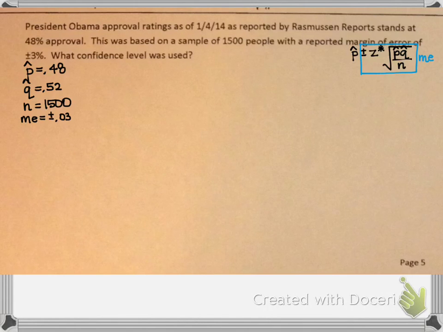All right, so if the margin of error is actually equal to that mess, let's write that down because that's the part of the formula that I care about. So the margin of error is going to be equal to plus or minus Z star and my P hat, Q hat over N.